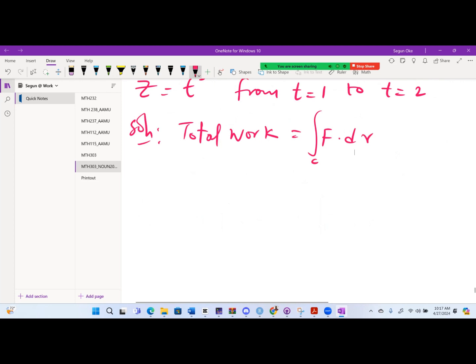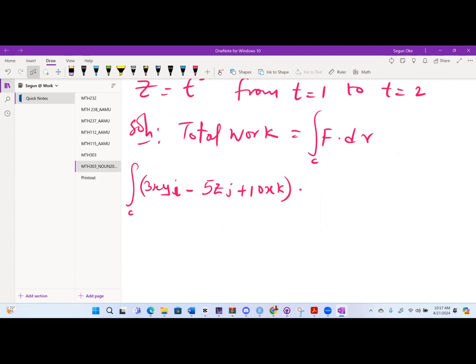So it's the integral over C of 3xy i minus 5z j plus 10x k dot dx i plus dy j plus dz k.